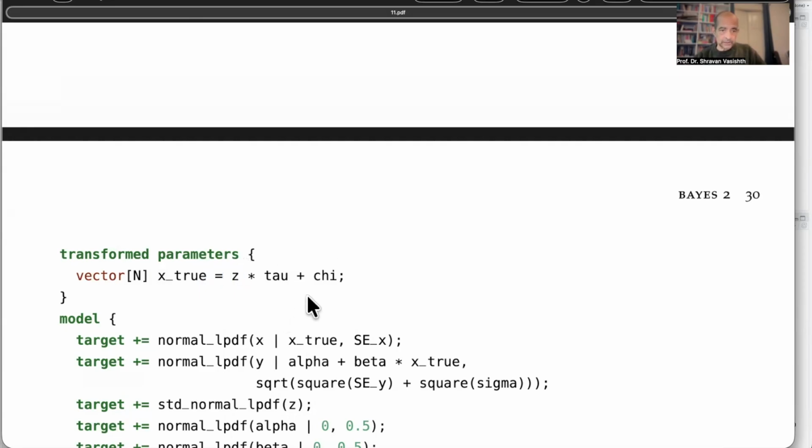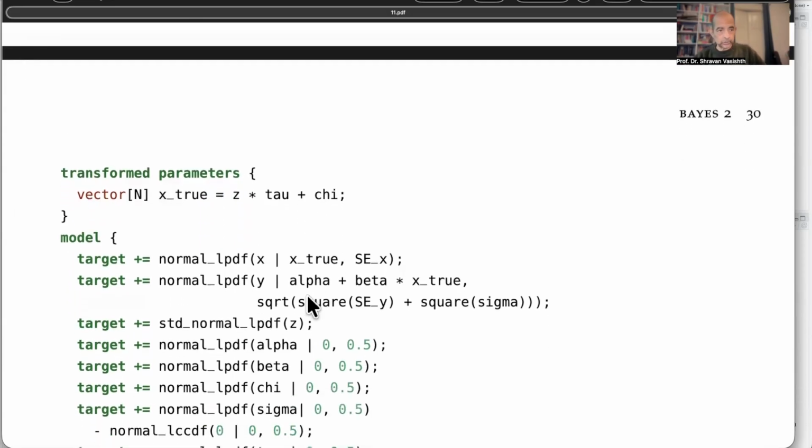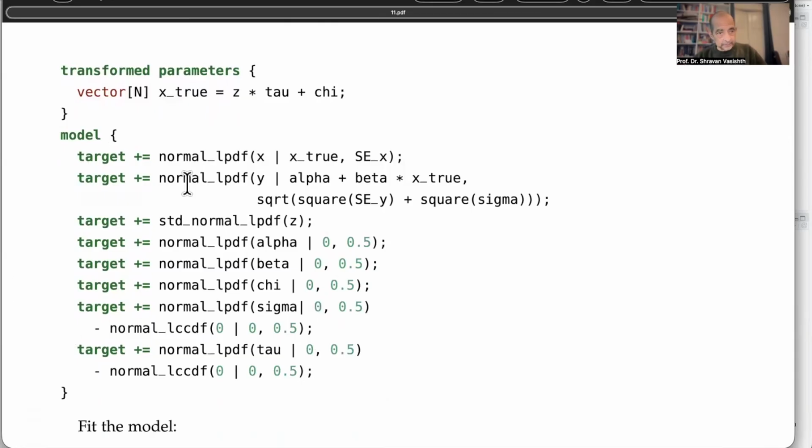And so this is just back transforming to get back to the x true values, and the x true values are the mean of a normal distribution that produces the observed x PCU values. So these are the PCU values from each subject that we observe with some measurement error. This is data, and we're assuming that they're coming from a normal distribution with some unknown PCU value for that subject.